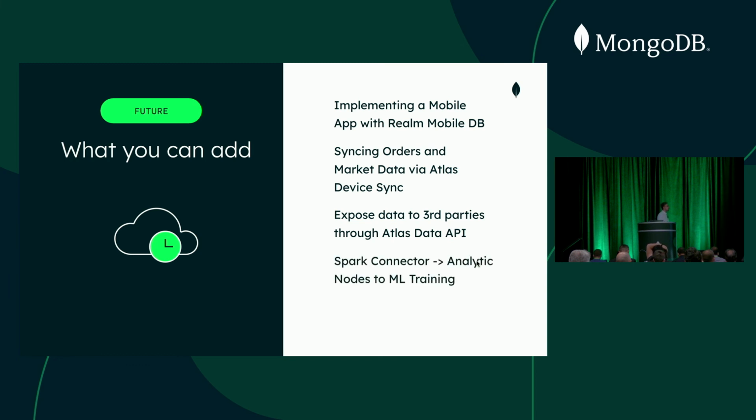You can also consider adding more nodes on the cluster for analytic purposes. So if, for example, you integrate more exchanges and you have more users, you might consider putting more nodes for analytics, and you can put an analytic node in your replica set and integrate Spark.